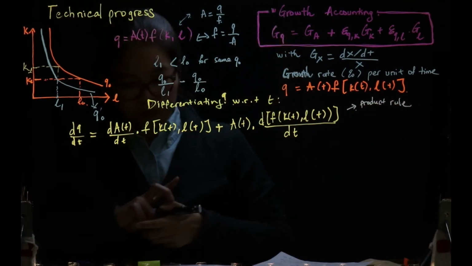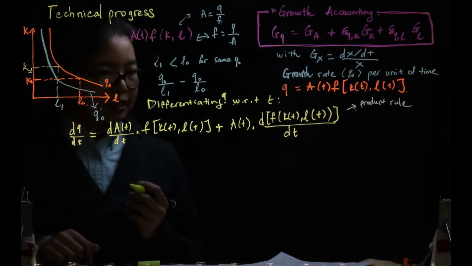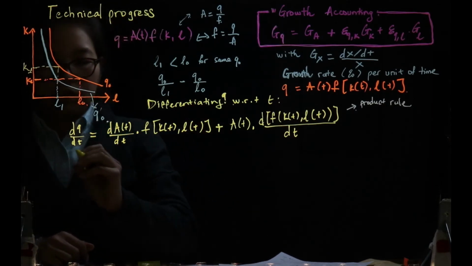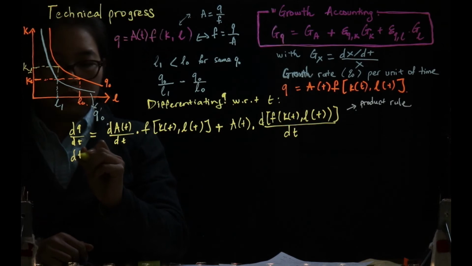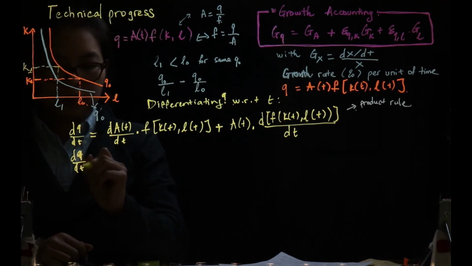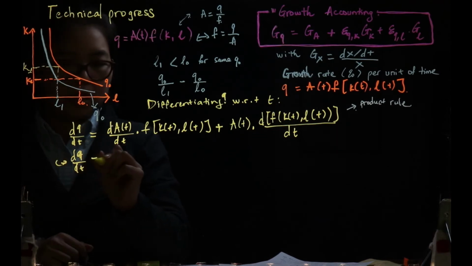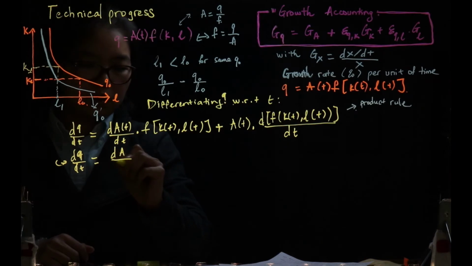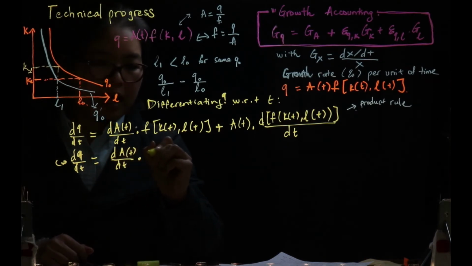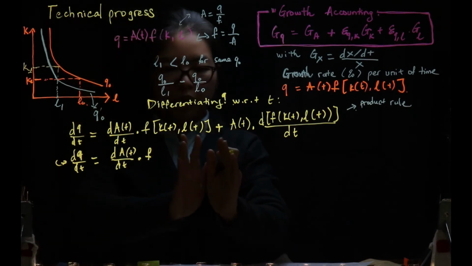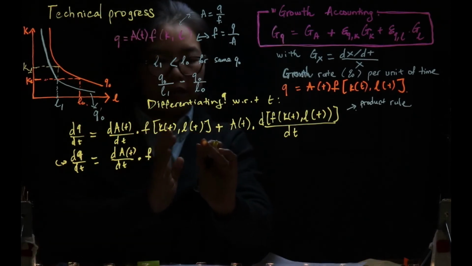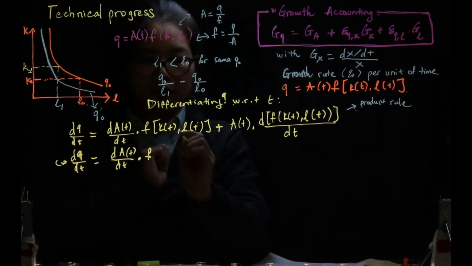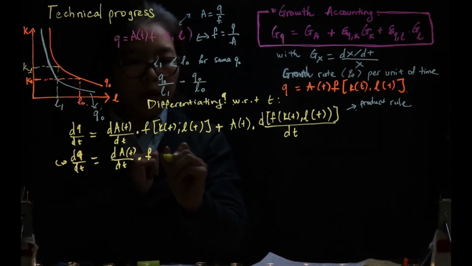Now, for the second step, let's rewrite it: dQ over dt equals dA over dt times F. Now I skip the part in the bracket, but you ultimately understand what is there, no?